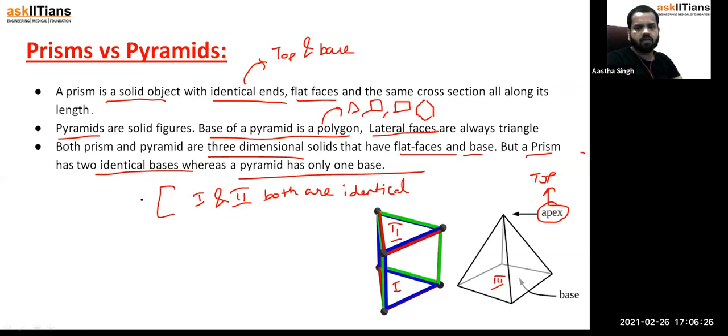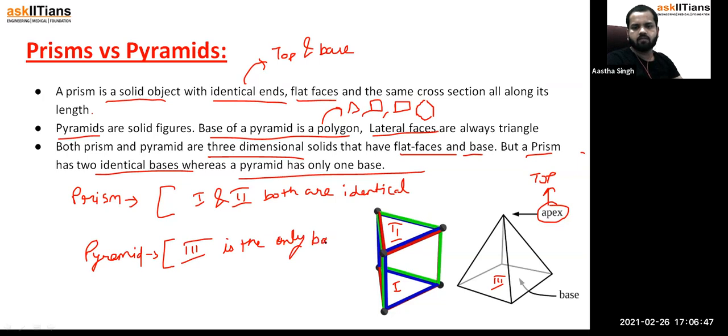This is all about the prism. In a pyramid, there is only one base. I think the point is clear to you, right?